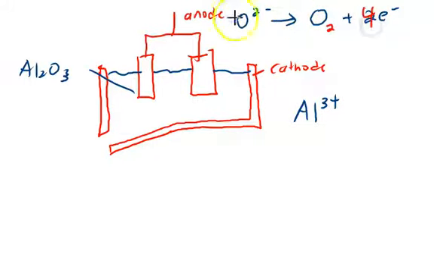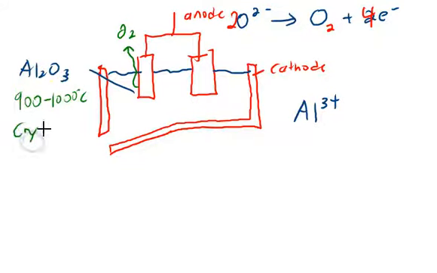So this will become 4 and here will become 2. When it is releasing the oxygen, remember it is at very high temperature, about 900 to 1000 degrees Celsius, with cryolite. So there is a very high chance for them to react.